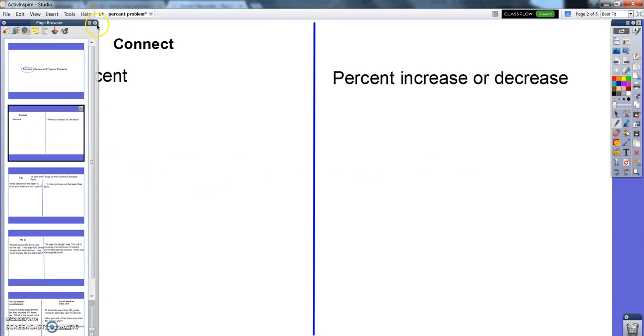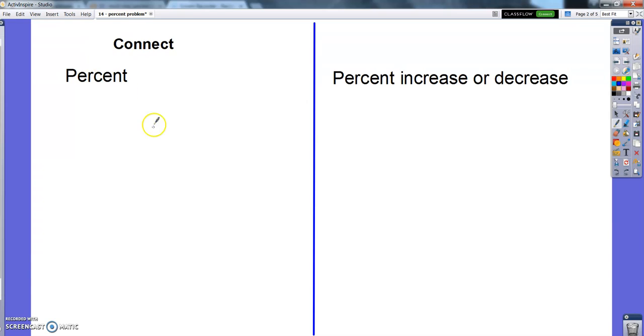So we've looked at two types of problems this year: percent problems and percent increase or decrease problems. Percent problems are things where you see, like, 2 kids out of 5 have a hat. What percent is that?